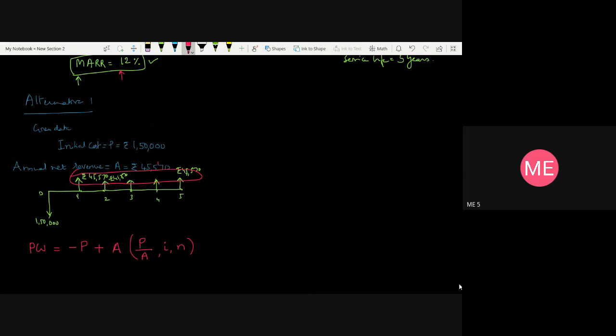The MARR is the minimum attractive rate of return. It means alternative 1 is expected to give at least 12%. If alternative 1 is less than 12%, it cannot be chosen because it is not meeting the minimum requirement.